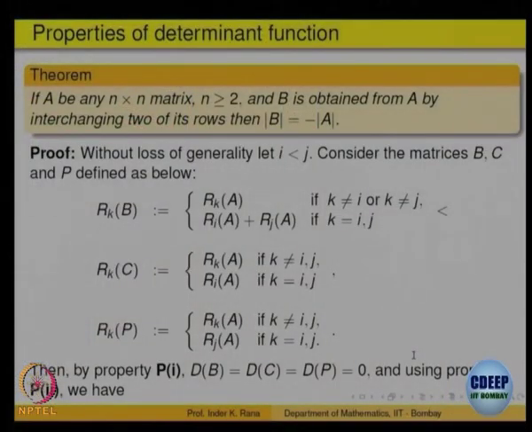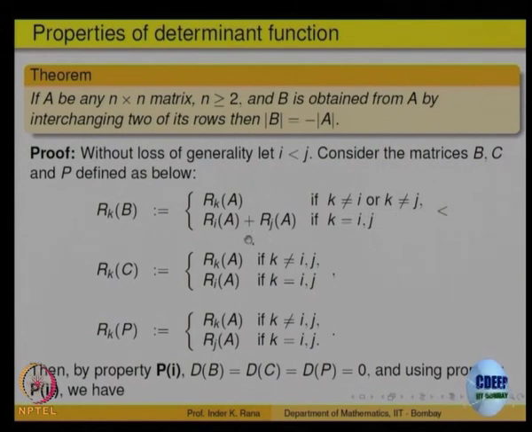Let us assume i is less than j. The ith row is interchanged with the jth, so one of them will be smaller than the other. Now let us consider a matrix B, a new matrix. This matrix has all rows same as that of A, except for the ith and jth.